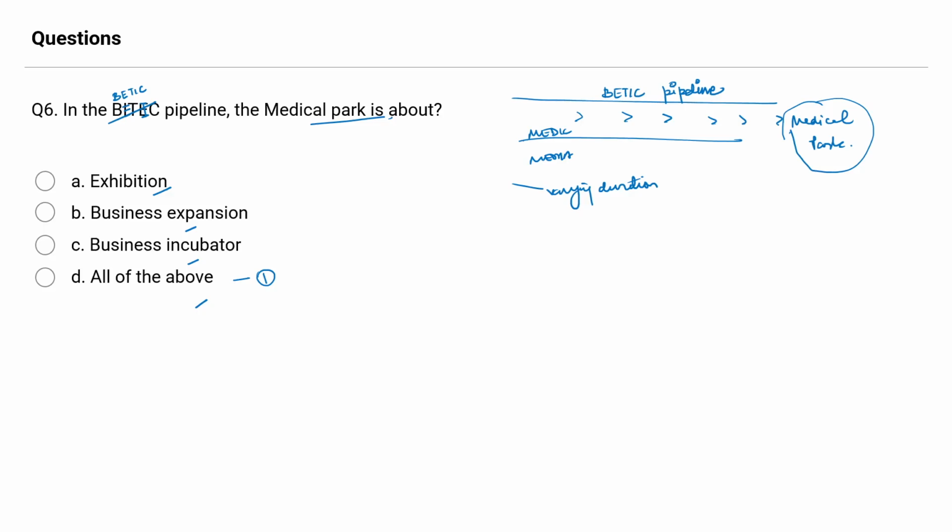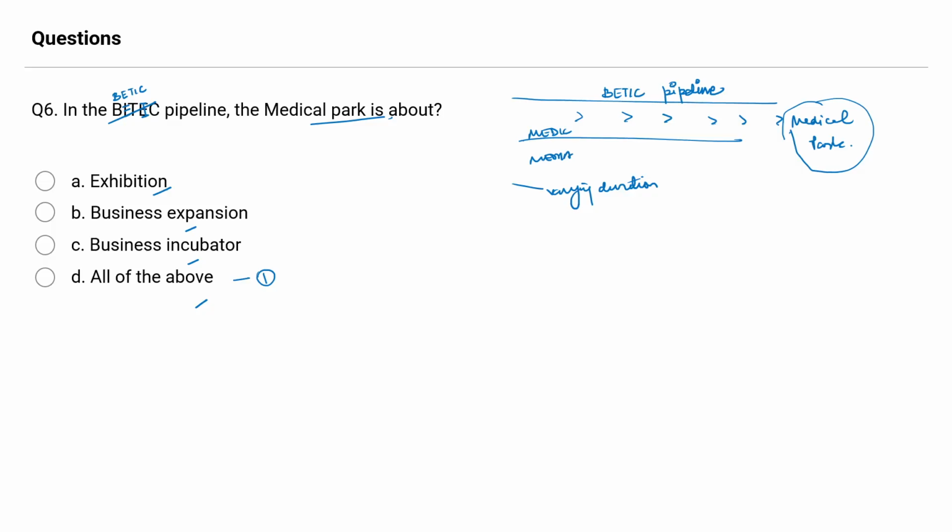Is it about business expansion? Or is it about business incubator? Or all of the above? Okay. So, like one of the learners have responded, is it about all of them? Let's see if there are a few more votes into this.